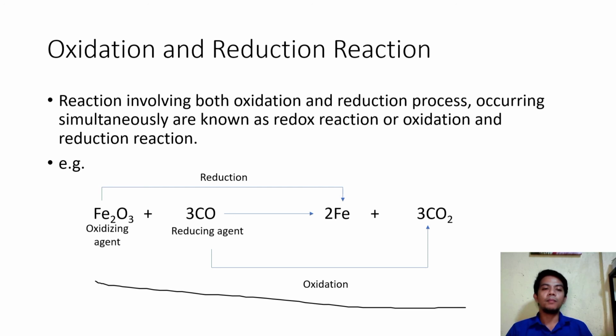In this example, iron oxide is the oxidizing agent. Then, the reducing agent removes oxygen from another substance. In other words, it takes in oxygen. In this example, the reducing agent is carbon monoxide. Because both reduction and oxidation are going on at the same time, this is known as a redox reaction.